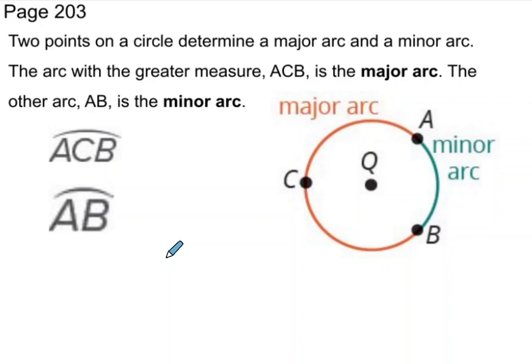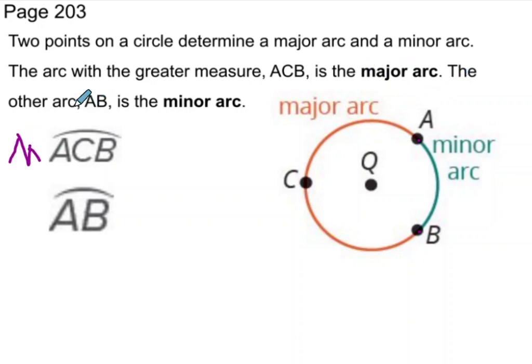Moving on to some circle stuff. So 2 points on a circle determine a major arc and a minor arc. So here's my circle. My 2 points will be A and B for this demonstration. The arc with the greater measure, which would be the one from A to C to B, is the major arc. So this one's the major.